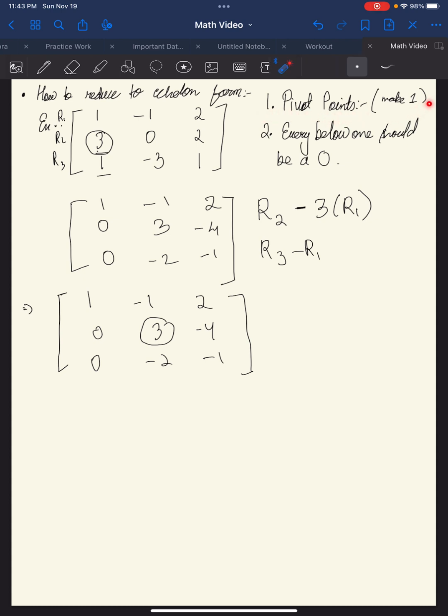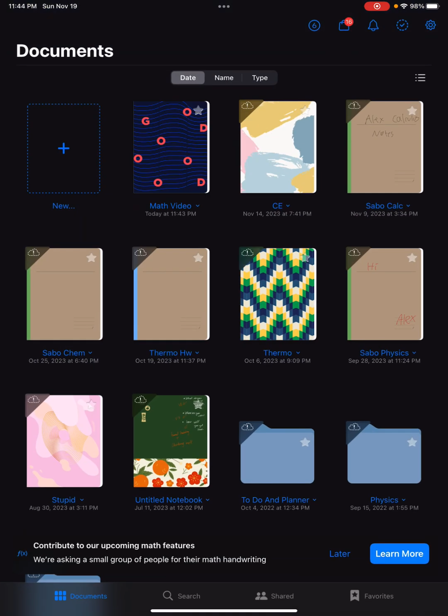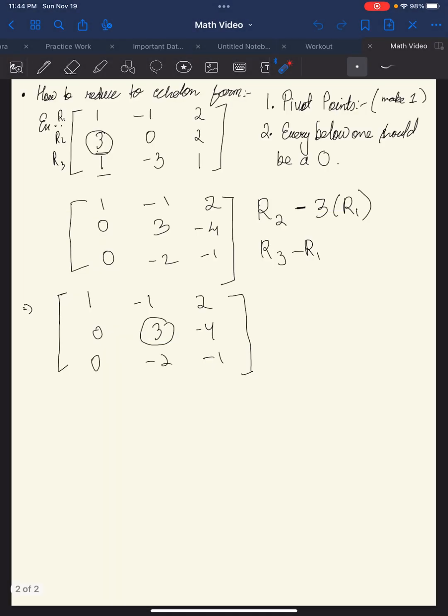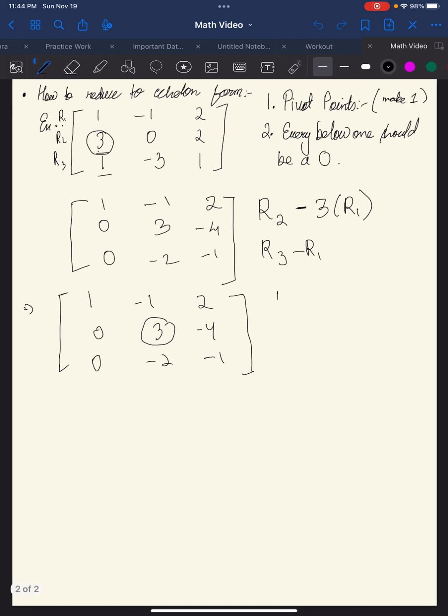The important point I said in the beginning of the video was to make the pivot point a 1. How can we do that? We can do that by dividing all the entries of row 2 by 3, which will give us 1, negative 1, 2, 0, 1, negative 4 over 3, 0, negative 2, and negative 1.